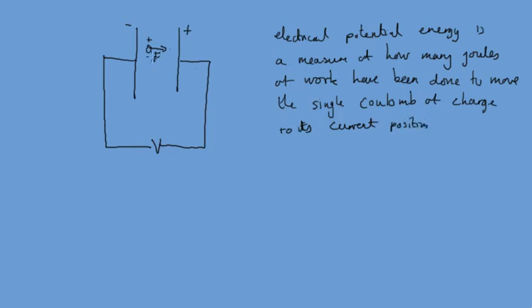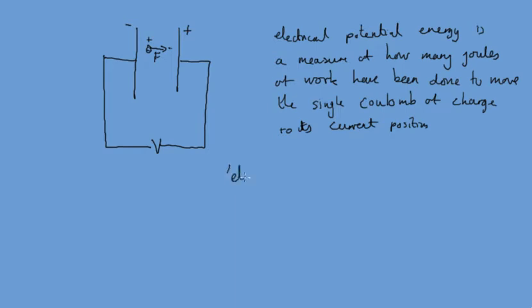So just like with our mass being lifted up, if we take this charge and we move it from here to here, we're doing work against the electric field, and then when it's at this position, the charge is going to have electrical potential energy. This work done will be converted into electrical potential energy.